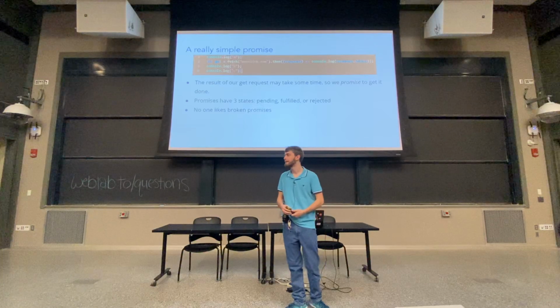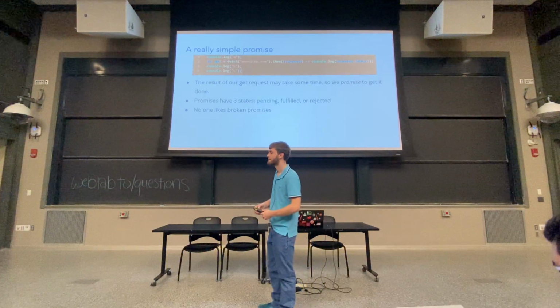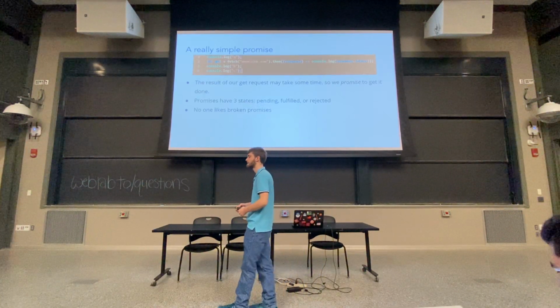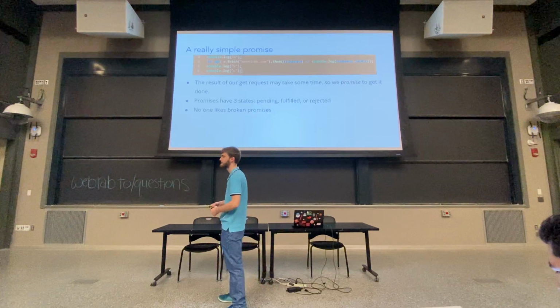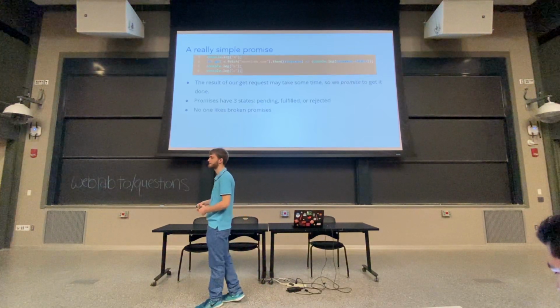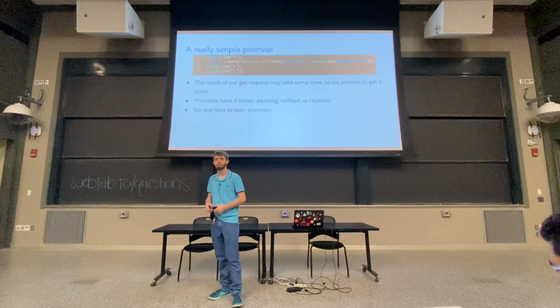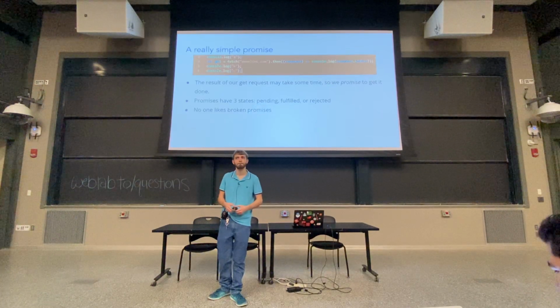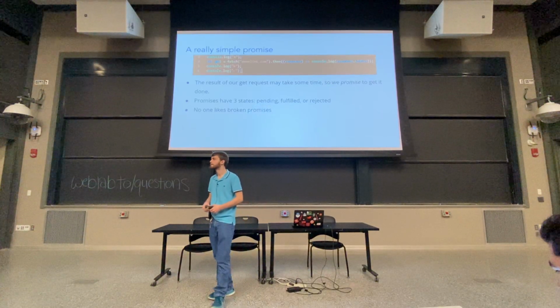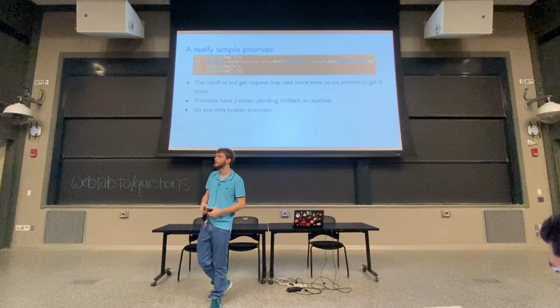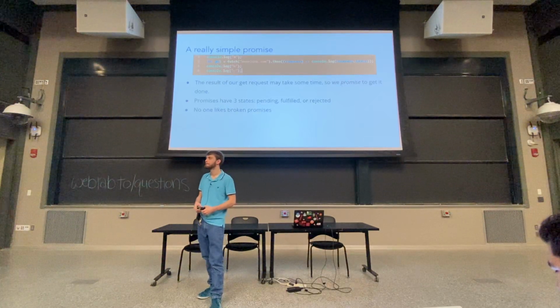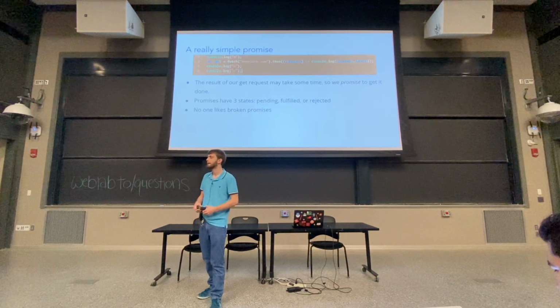Also, if you're making a promise to get data and you want to do something with that data after you've got it, you can use a promise to wait for the data to come in before modifying or using it. Think of a promise like a placeholder. It's like, here's a thing that we went to get, and it might not be here yet. And once it comes, then do this.